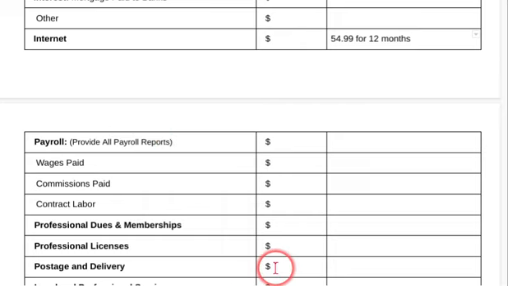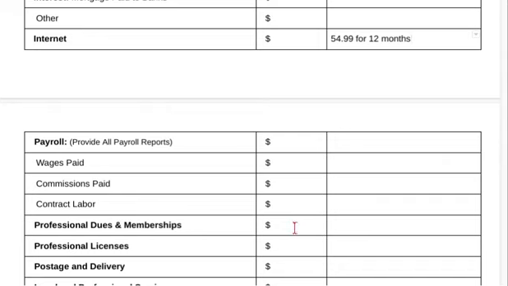You have professional dues and memberships. So if there's any kind of professional dues or memberships that you may have paid pertaining to the business, you would put those here. Sometimes, you may have memberships with different businesses, or you may be sponsoring different businesses, paying membership fees or different things like that.